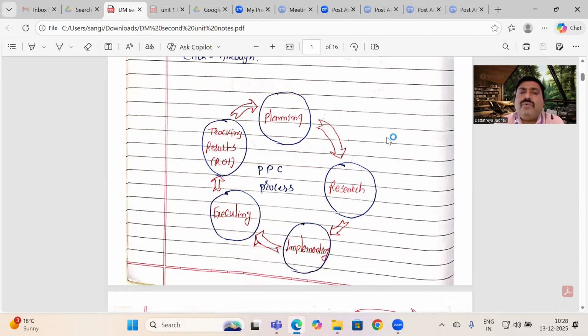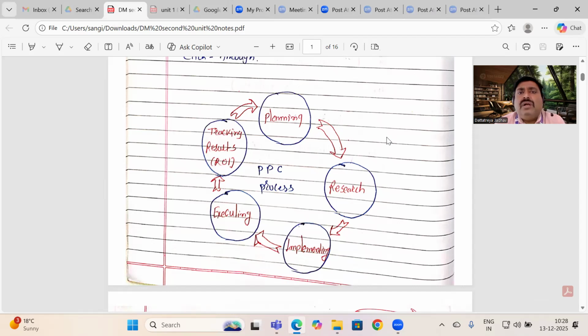So for that we require a research parameter, right? In research we consult related to that. I gave one example related to that: in the mall, whenever we go to purchase something, they observe it.